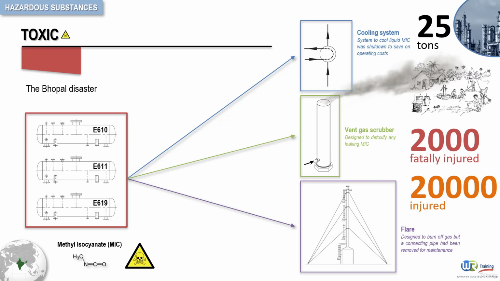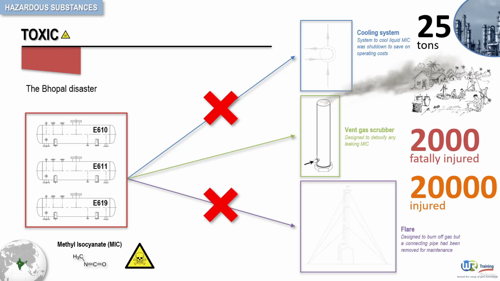On the day of the accident, the scrubber was turned off. The cooling system was shut down to save on operating costs, and a connecting pipe on the flare system was removed for maintenance. So the flare system was unavailable. The tank E610 contained 40 tons of MIC, E611 15 tons, and the tank E619 was empty.